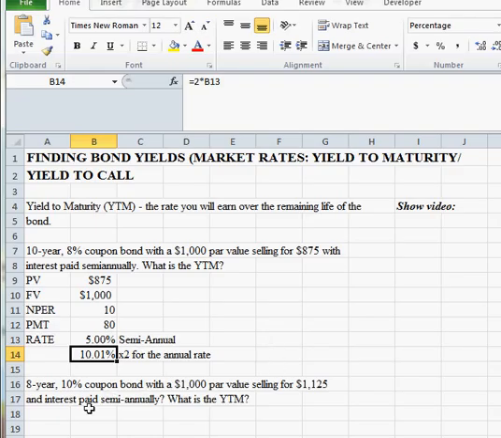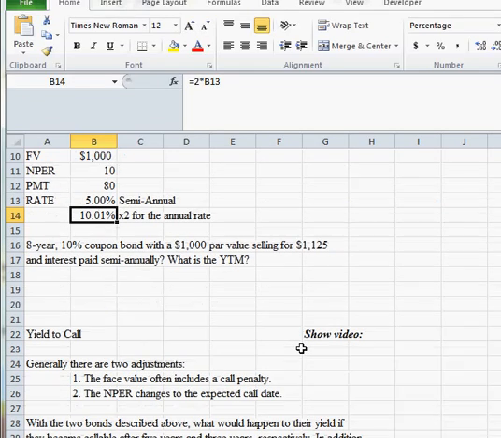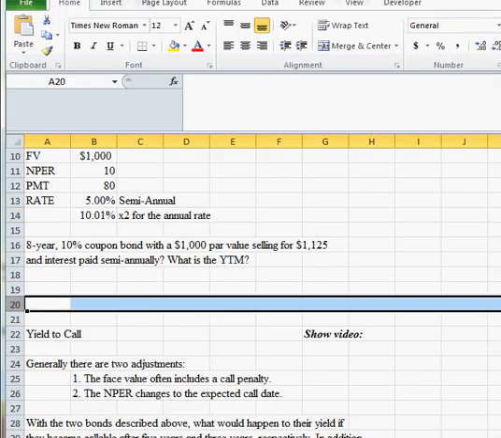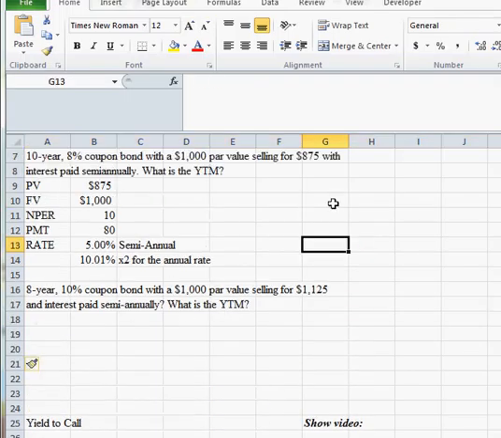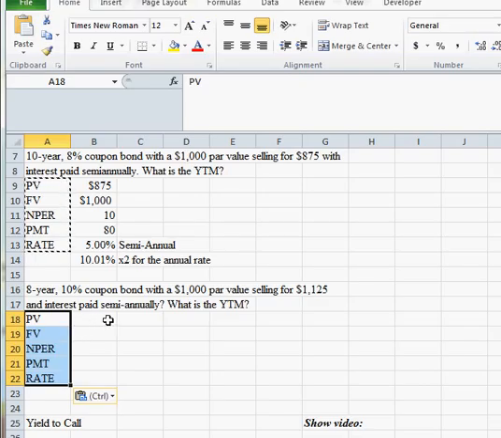So then we'll just try one more here for practice. 8-year, 10% coupon with a $1,000 par value, selling for $1125, interest paid semi-annually. What's the yield to maturity? So I'm going to add a few spots here. I'm going to copy and bring down the boxes we need the information for, and then we'll fill them in.